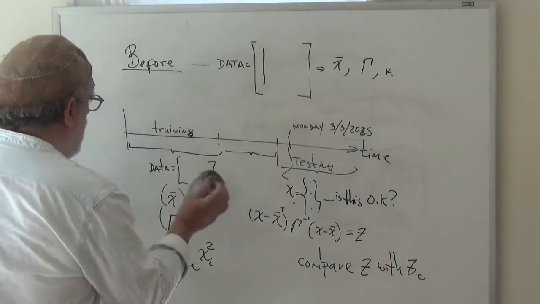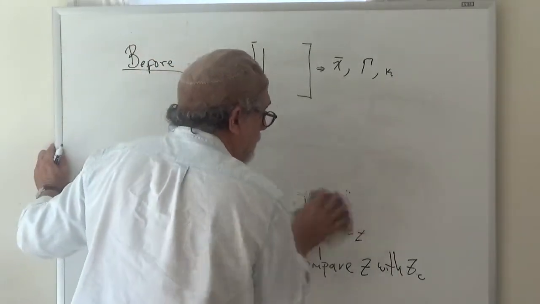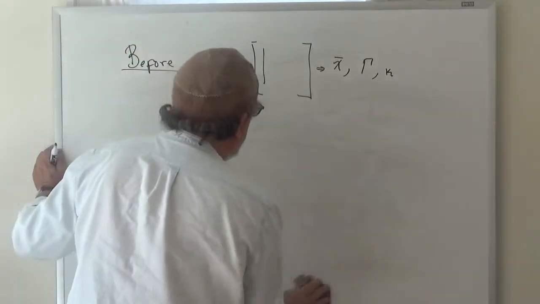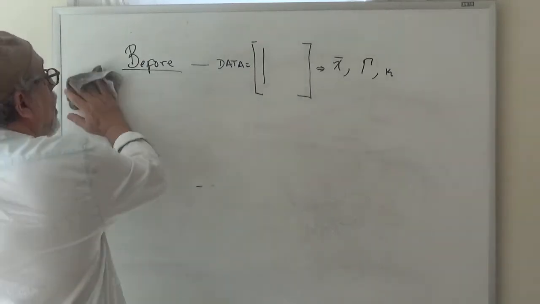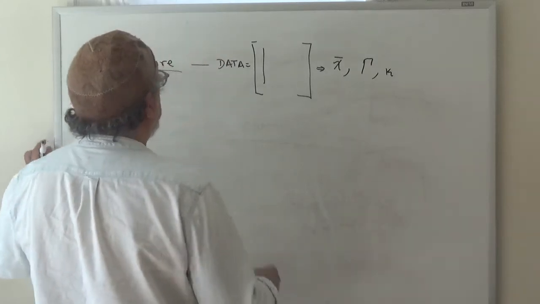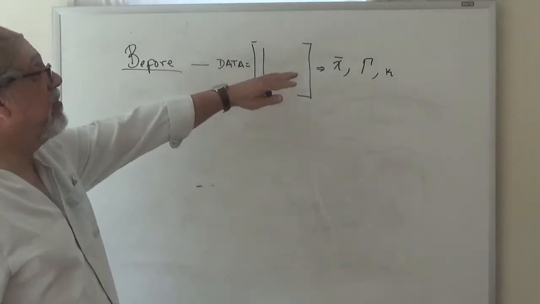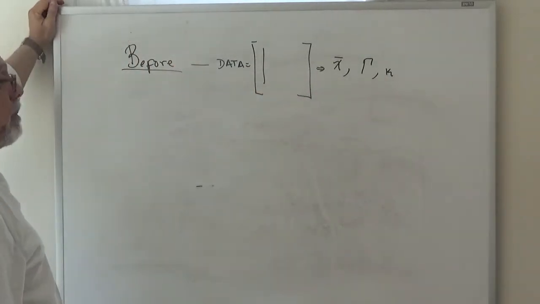Now, we want to do a little more. Okay, so we do have, again, just like before, some data, some x bar, some tau, and we know how many degrees of freedom there are.